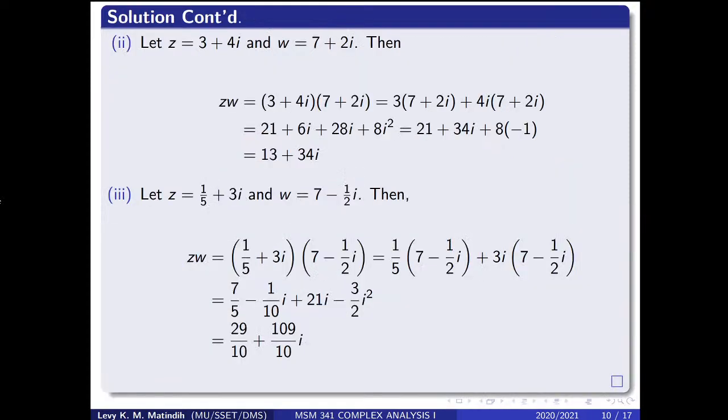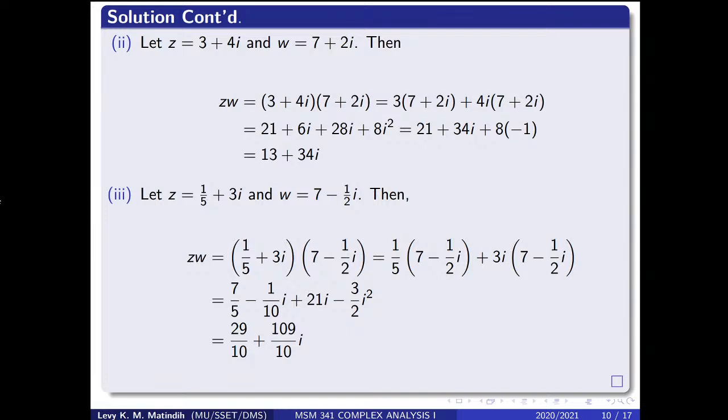Let's go to the next one. The solution is continuing. Now, in part 2, we let z be equal to 3 plus 4i and w be equal to 7 plus 2i. Then the product of these two is the same as 3 plus 4i times 7 plus 2i.